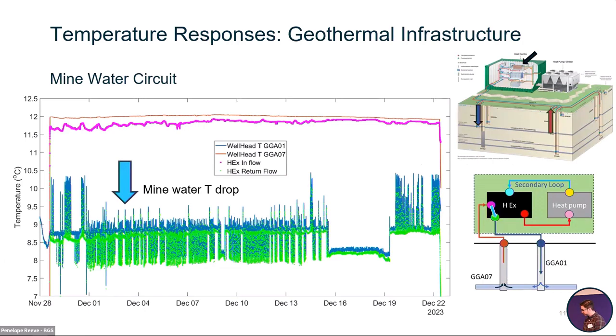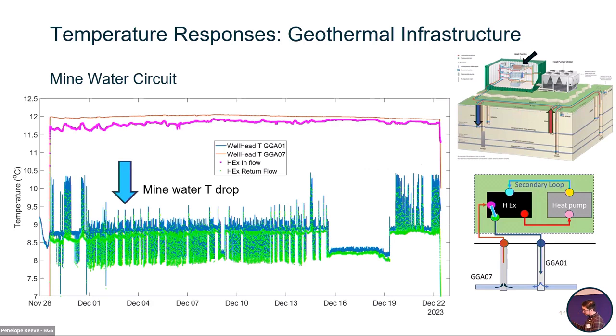And finally, some data about the geothermal infrastructure. First, you can see here the mine water circuit. Again, the orange and purple lines are the water coming out from GJ07 into the heat exchanger. Then the heat is transferred to the secondary loop, and the water is reinjected.